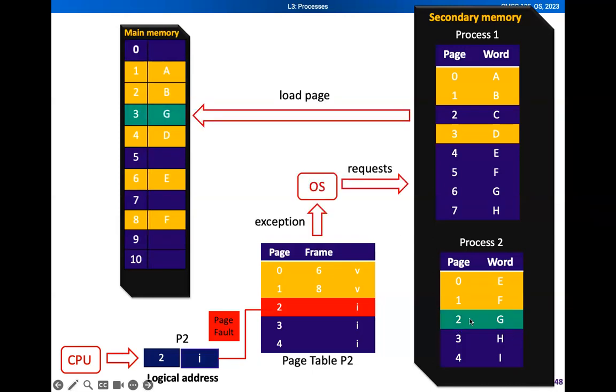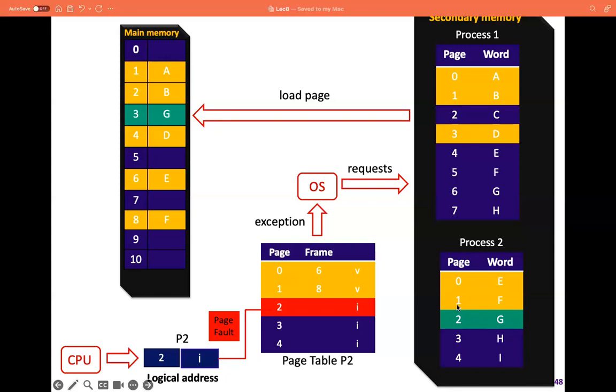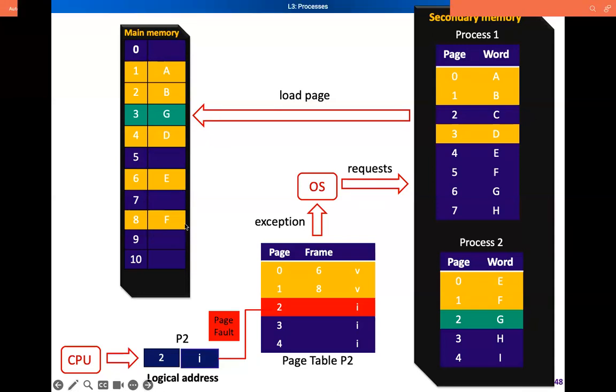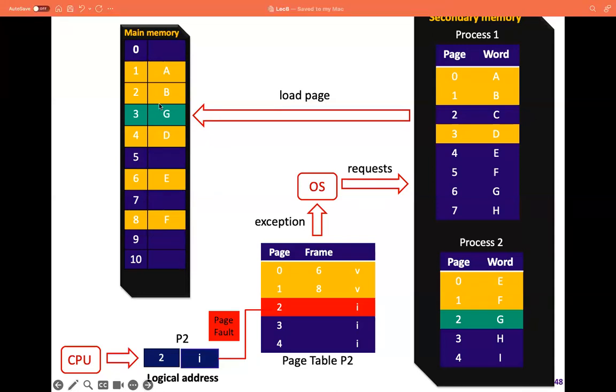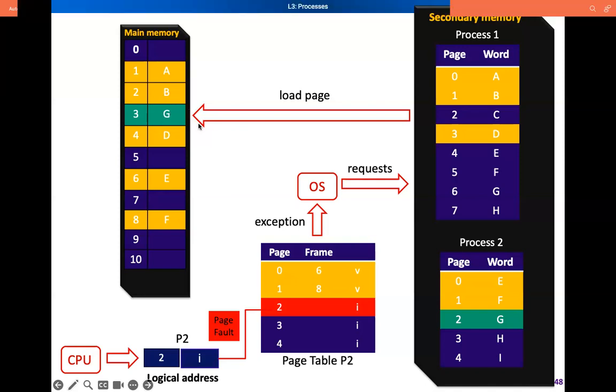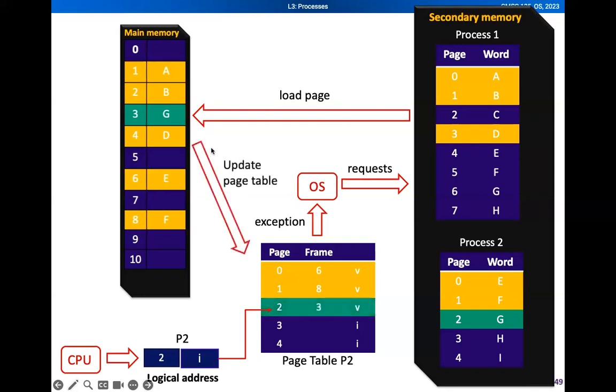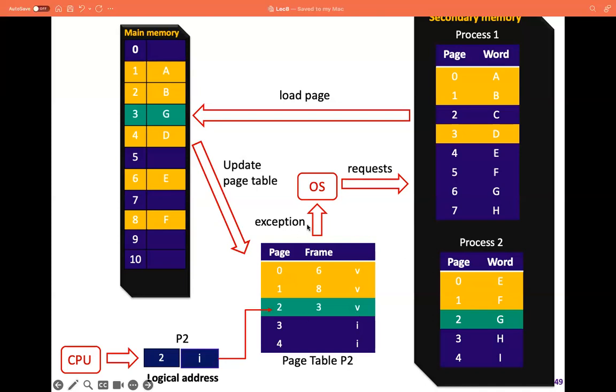Once we have found it, we load this desired page into the main memory. We just look for available holes in the main memory. Assuming that we load G in frame 3, after that we update the page table of process 2.